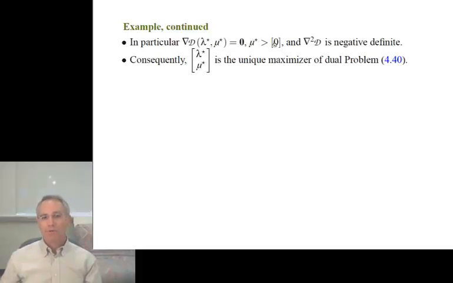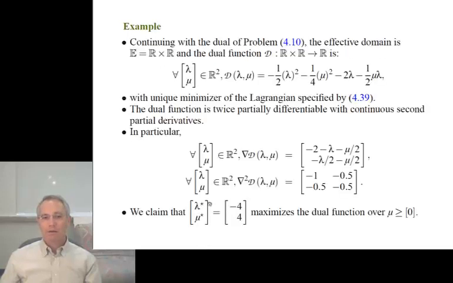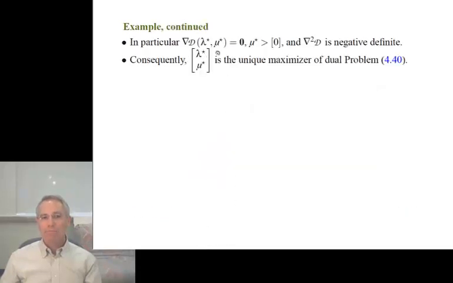Furthermore, mu star happens to be strictly positive, and the Hessian of D is negative definite. Consequently, if I were not paying attention to the constraint on mu, we would have observed that lambda star, mu star given by minus 4, 4 would be the unconstrained maximizer of the dual over all lambda and mu.